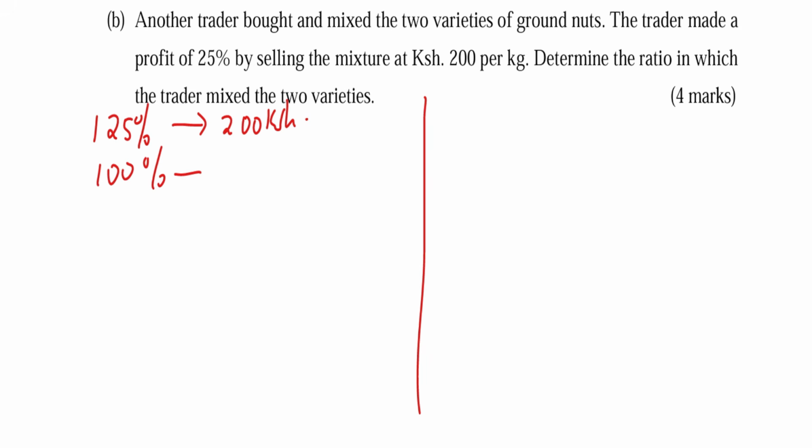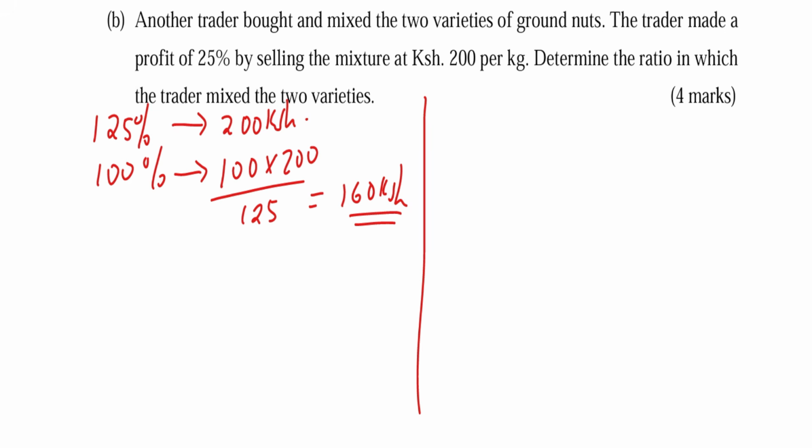That is the total cost. So you will take 100 times 200 divided by 125, and it should give you around 160. So it gives you 160 shillings. So this is the cost.